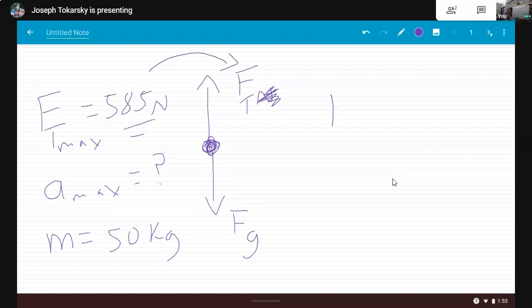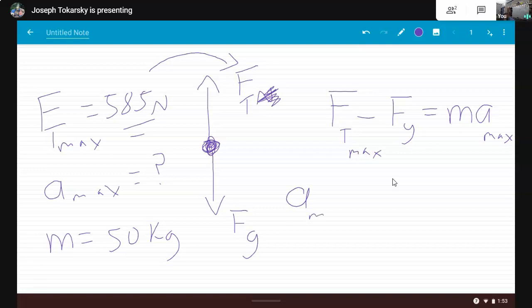So we still start by tension minus weight equals ma on the y-axis, okay? And if we want the maximum, like I've just been saying, if I want the max, I use the max. So now I just plug in my numbers and solve for a.